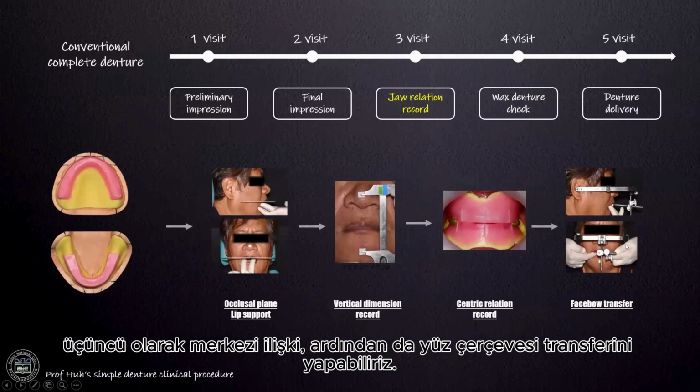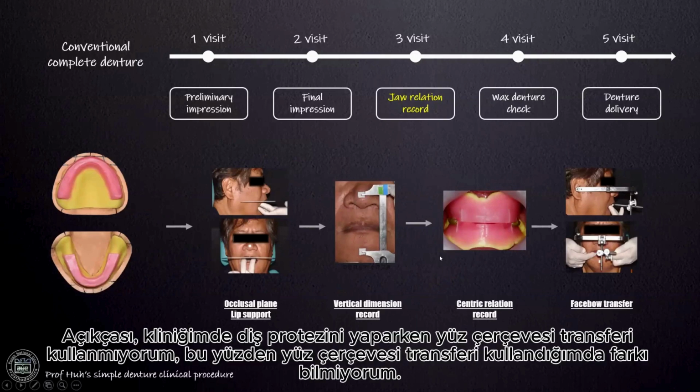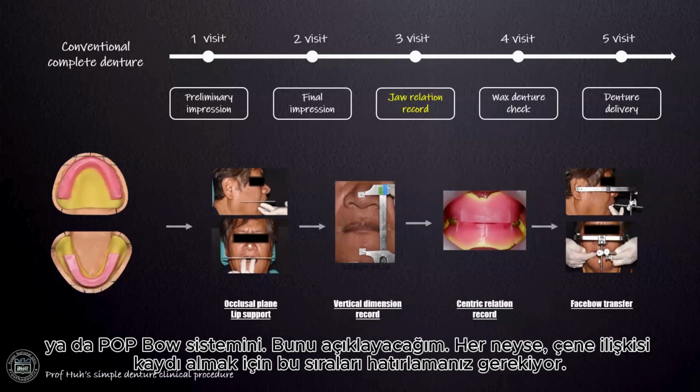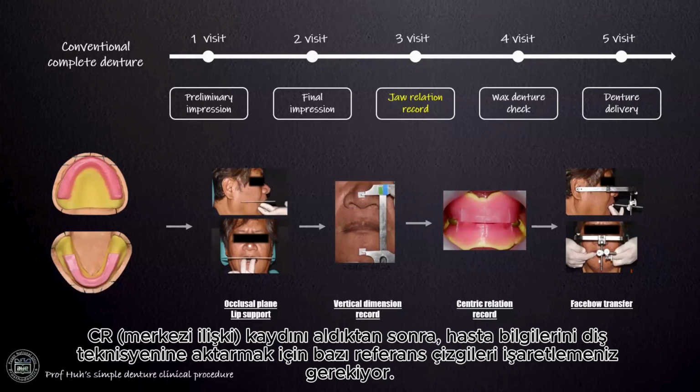And then we can do the facebow transfer. But to be honest, in my clinic, I don't use a facebow transfer when I make the denture, so I don't know the difference when I use the facebow transfer or the PAPO system. So I will explain about that. Anyway, you have to remember this order to take a jaw relation recording.